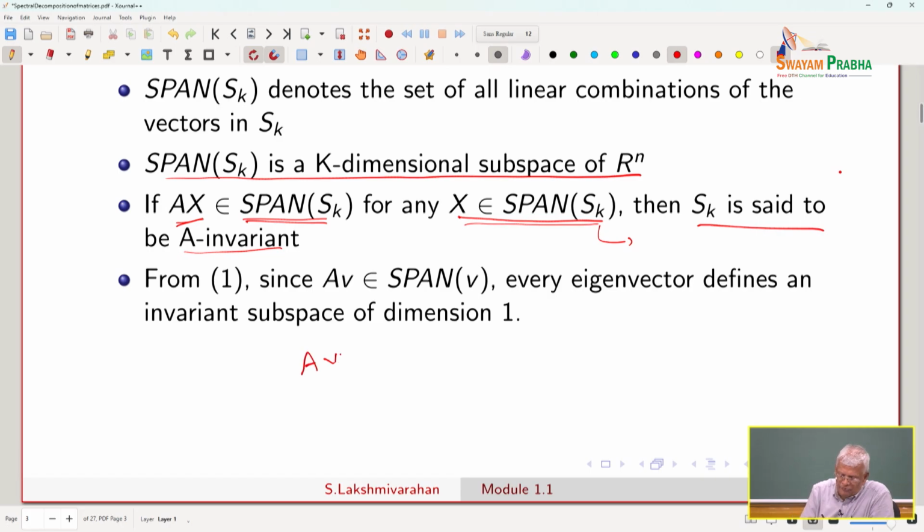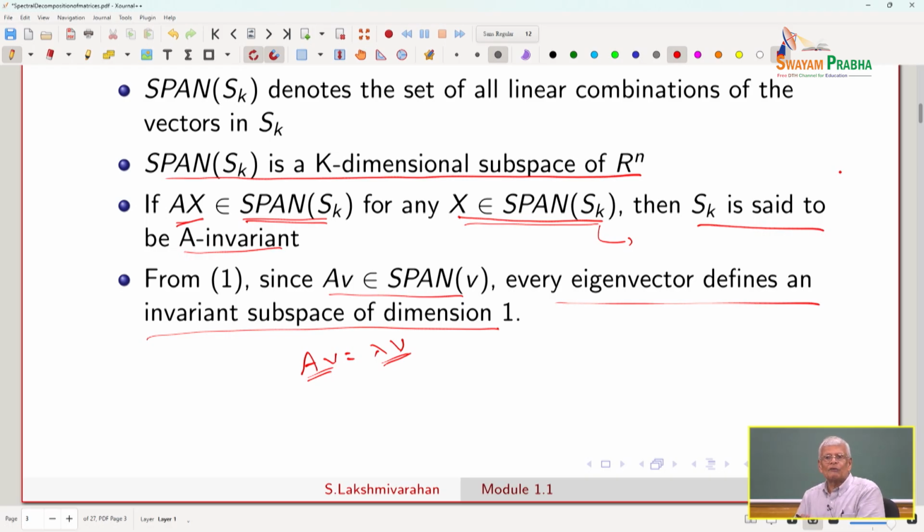If I say Av is equal to lambda v, that means multiplying a vector v by A simply scales the vector by a constant without changing the direction. So, Av belongs to the span of v. That means every eigenvector defines an invariant subspace of dimension 1. So, that is a new way of looking at the eigenvectors.